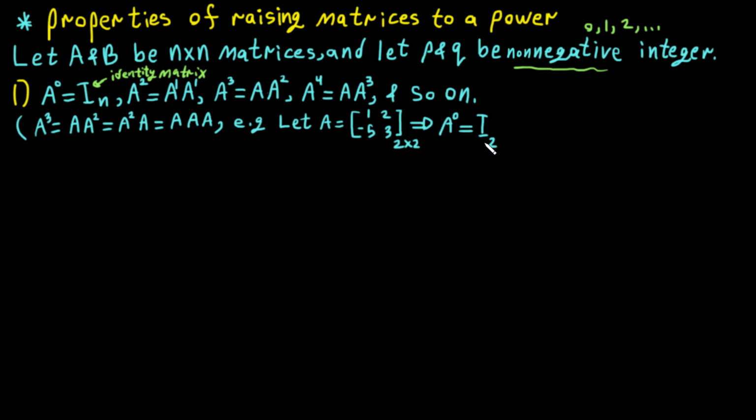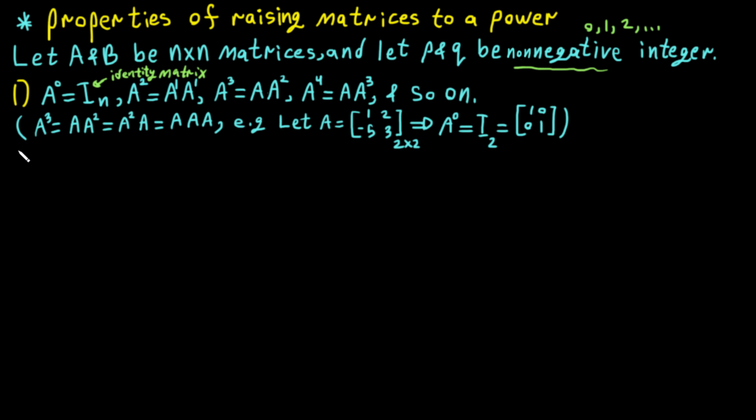If it were 3 by 3, then it would be I_3. It equals 1, 0, 0, 1. So that's it for the first property.